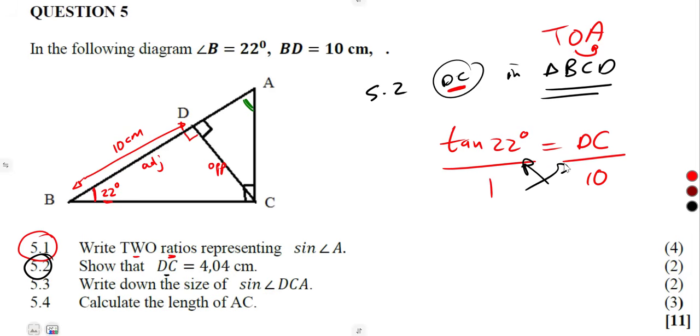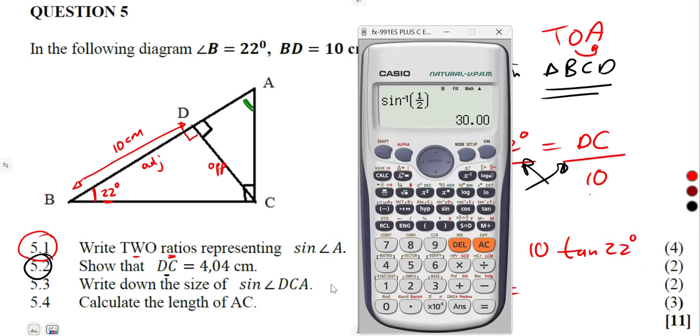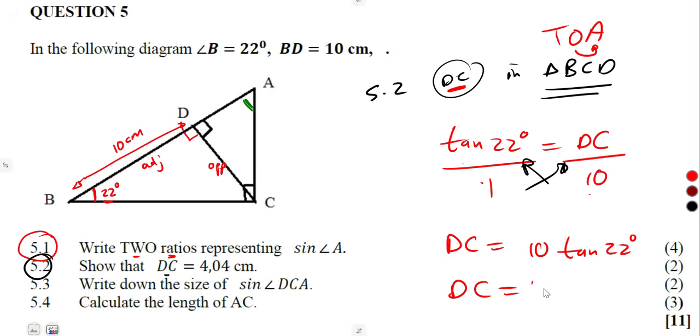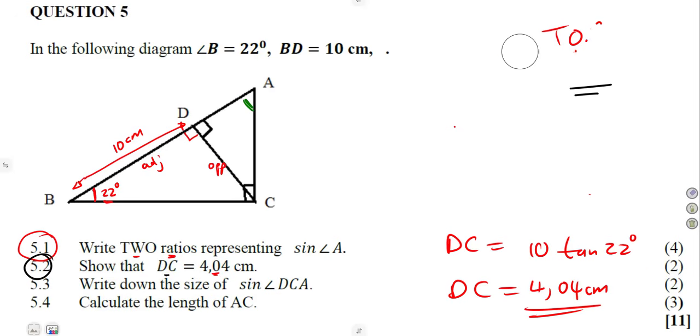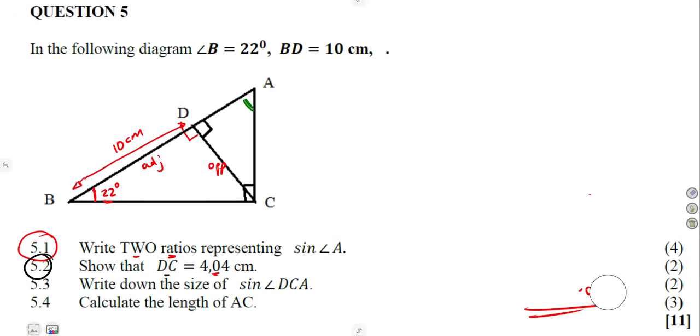Simply cross multiply. 1 times DC, that's DC. 10 times the tan of 22 degrees. So this is going to give us DC. 10 times the tan of 22 degrees to 2 decimal places. That's 4,04 centimeters, exactly what we are given here. So we could have just used tan to answer that.